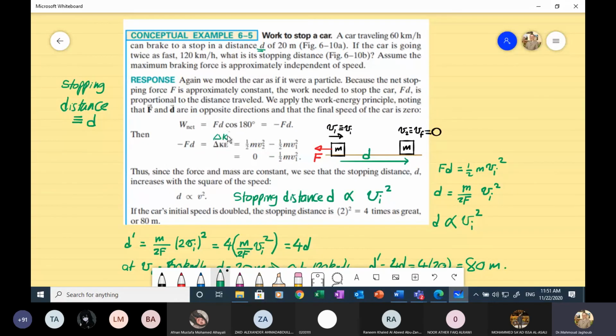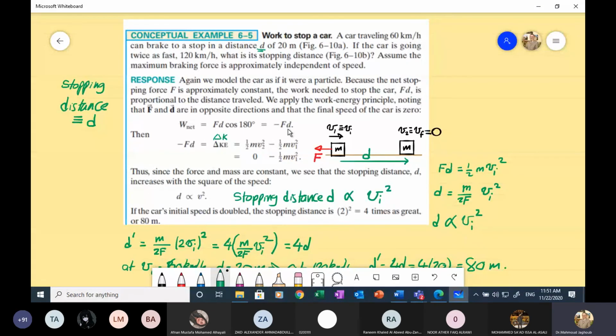I like to call it delta K. It's easier to use. W net equals the magnitude of the force multiplied by the magnitude of the displacement multiplied by cosine 180. Cosine 180 is minus 1. So the net work done by this force is minus F times d.